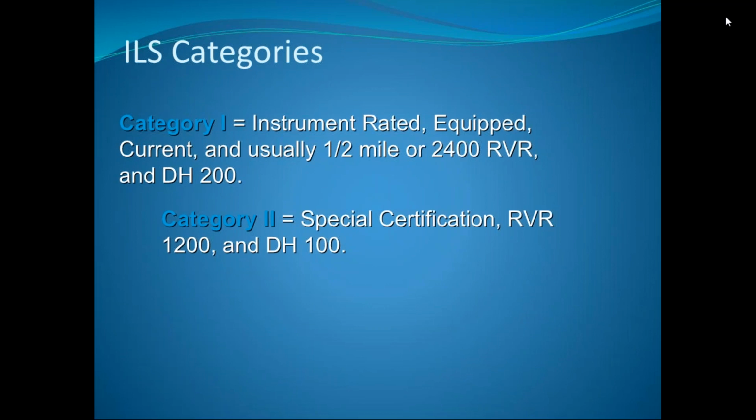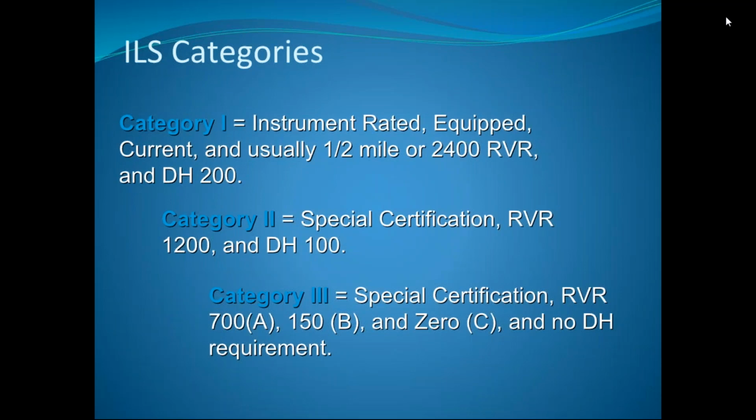And then the last and final category of landing minimums would be Category 3. Within Category 3, there are three separate classifications: A, B, and C. Once again, this requires special certification not only for the pilots, but for the airlines and for the aircraft the pilots are flying.